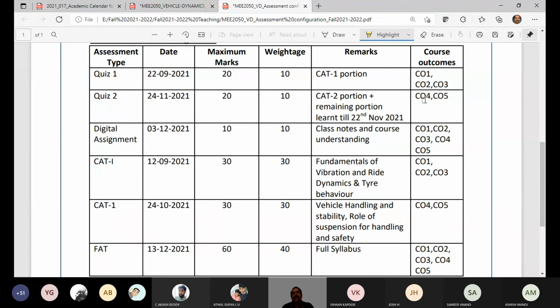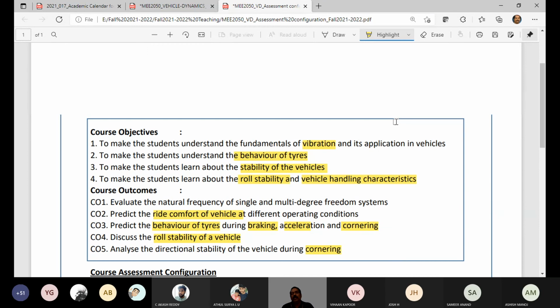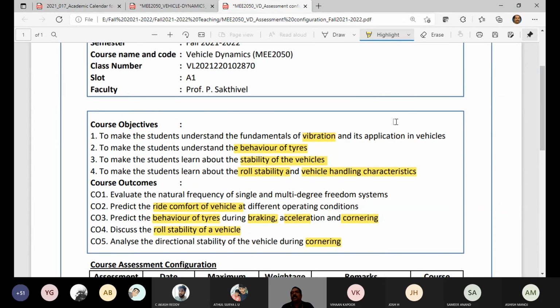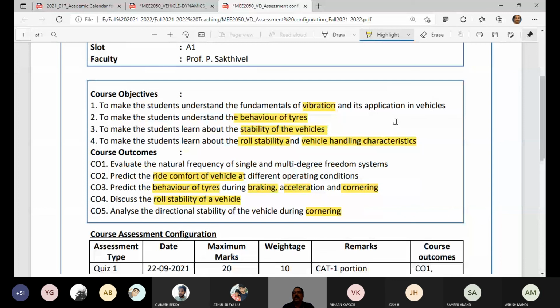Of course, to get this course outcome assessment, you have to give your examination. That doesn't mean that what you learned in the course lectures is not counted. So we also have a feedback session at the end, where you give feedback on how comfortably you learned the course objectives and outcomes, and that also would be considered to finally make a course delivery assessment.